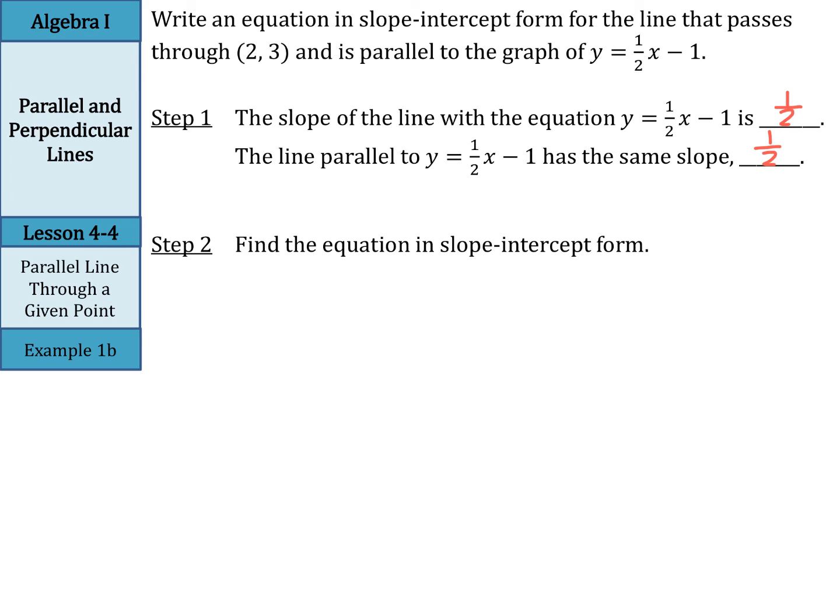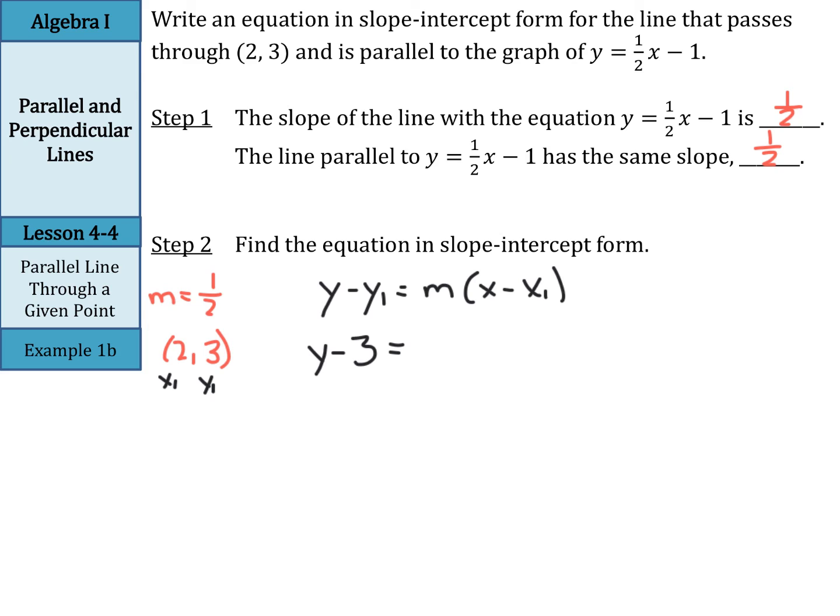We'll find the equation in slope-intercept form, of course, by starting off in point-slope form. We have our slope of 1/2 and our point (2, 3). We're going to make our substitutions in. We have y minus 3 equals our slope of 1/2 multiplied in parentheses by x minus 2.